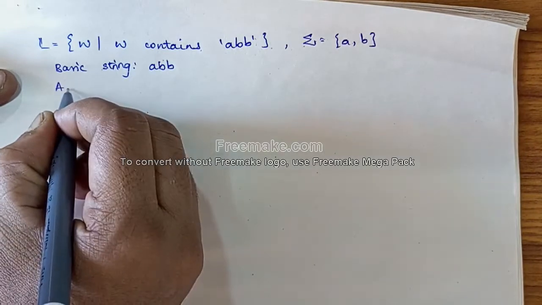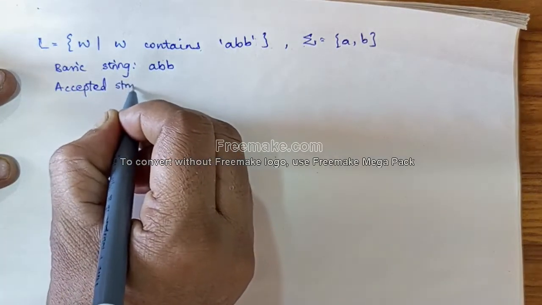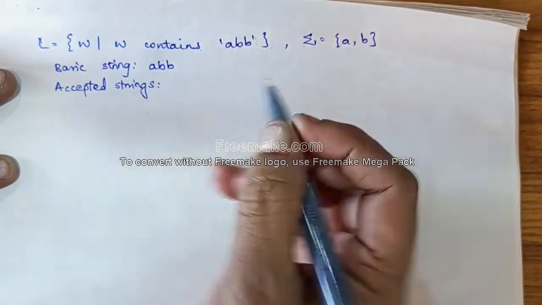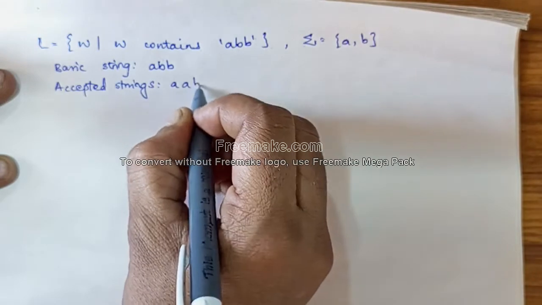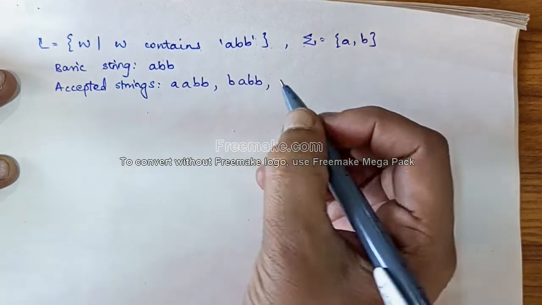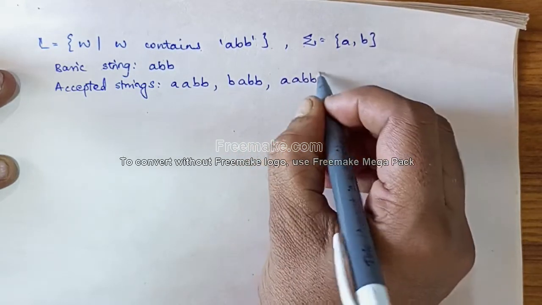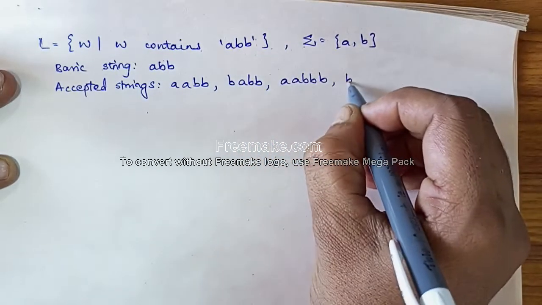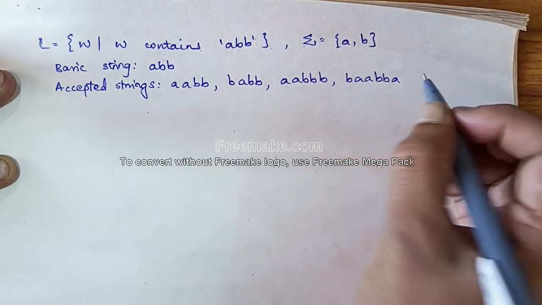Next, we'll give an example of a set of accepted strings. We can start with anything. So I can start with another A, I can start with a B, right? I can end with anything. Correct?